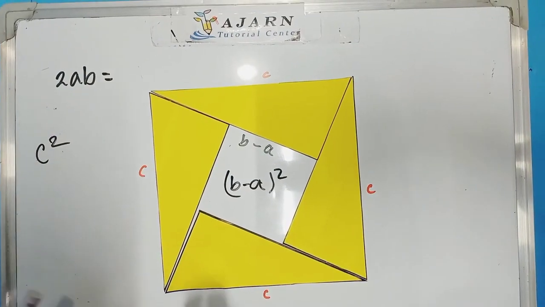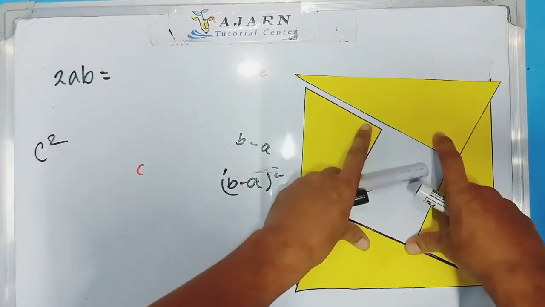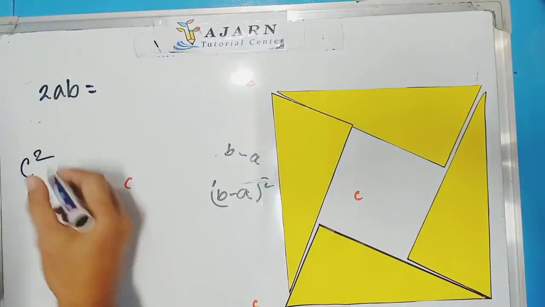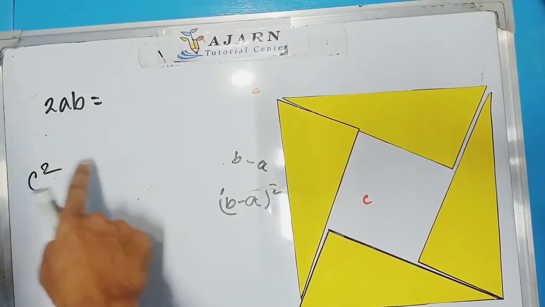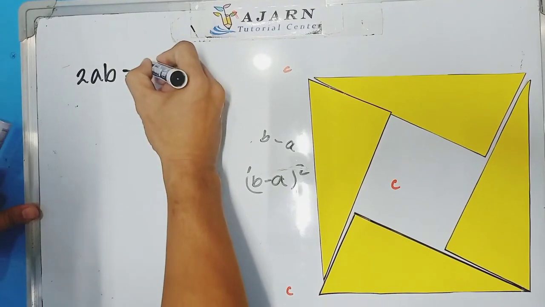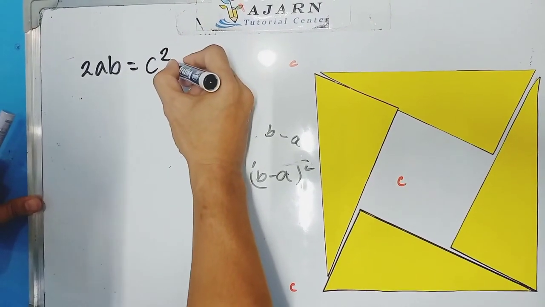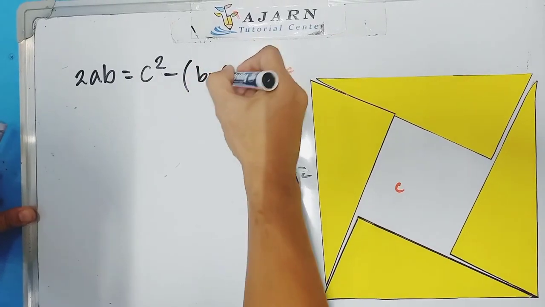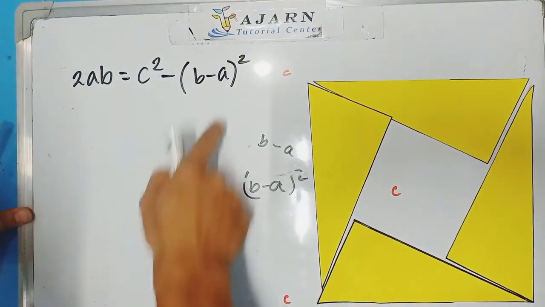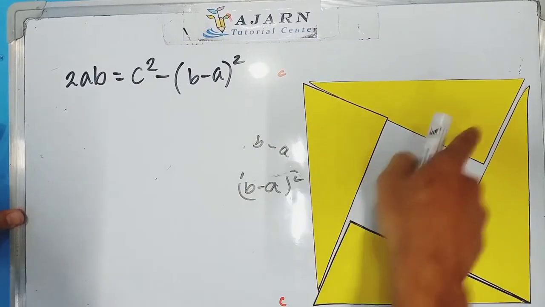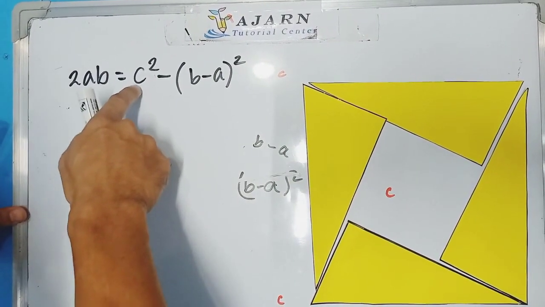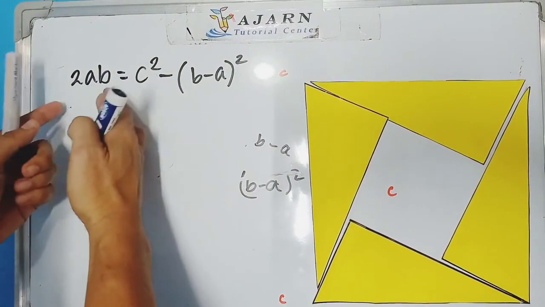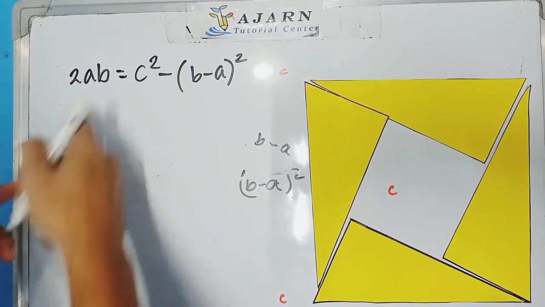So that's what we're going to subtract from our C squared to get the 2AB. Okay, let's rewrite it here. C squared minus, again, (B minus A) squared. This is the square hole, and this is the big square. Okay, that gives us the 4 yellow triangles here.